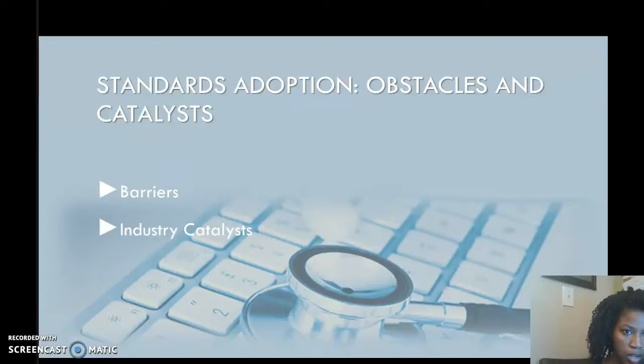Next, we have the standards adoption, obstacles, and catalysts. Most of these obstacles, barriers, and catalysts are broad, and they cover all 5 of the case studies. As with most adoption of new technology in HIT, cost and funding is a large concern. Within these 5 case studies, financing strategies were developed to cover the cost.